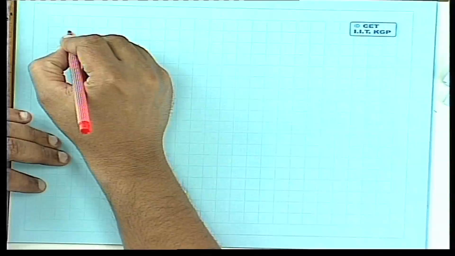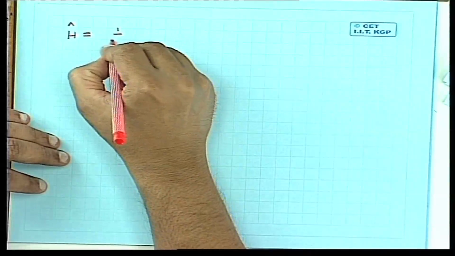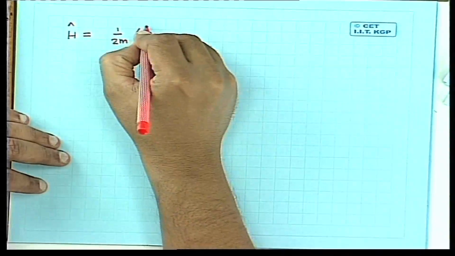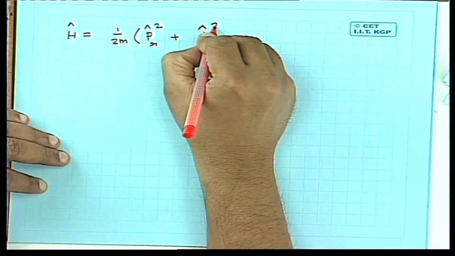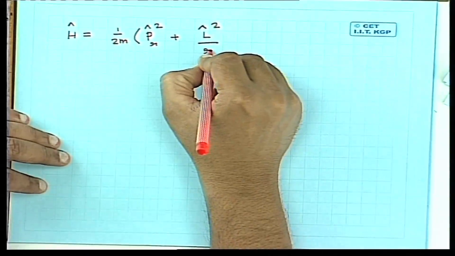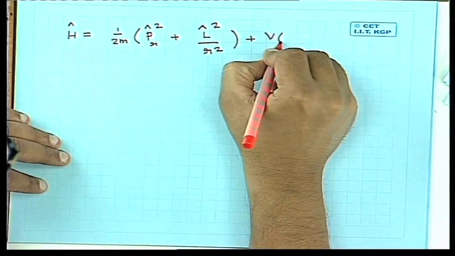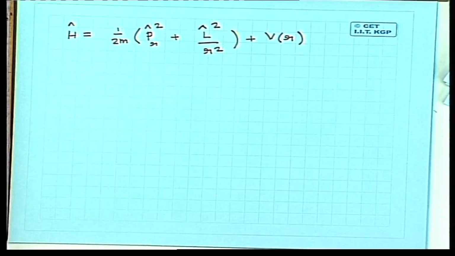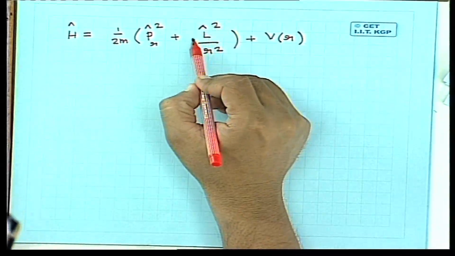In quantum mechanics, the angular part of the Schrodinger equation comes about from this L squared.